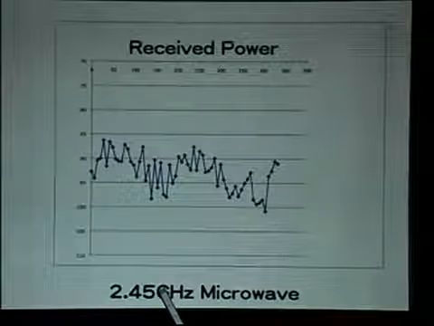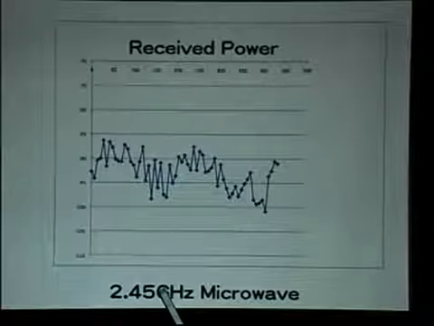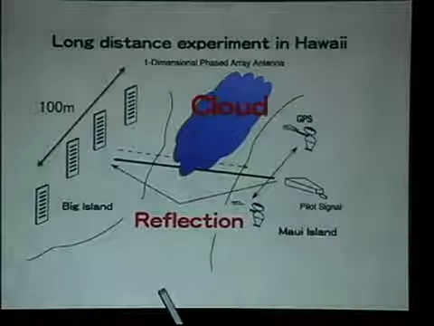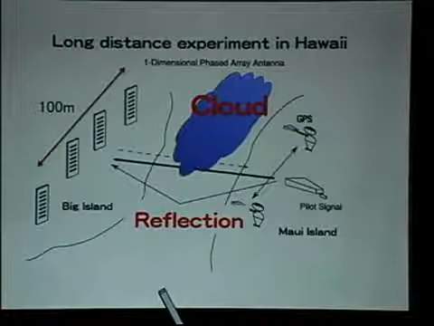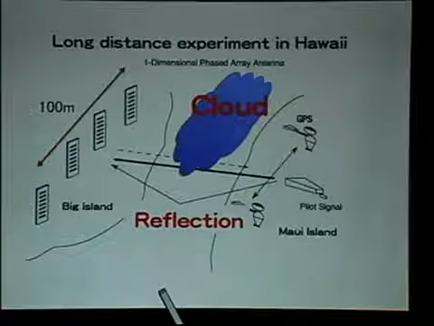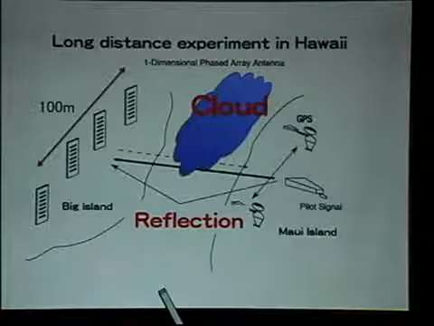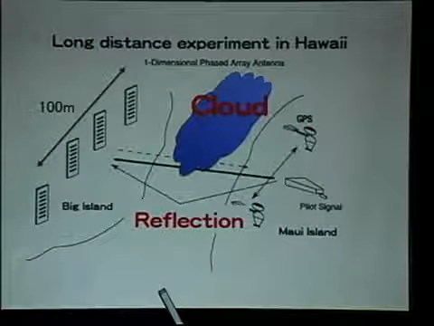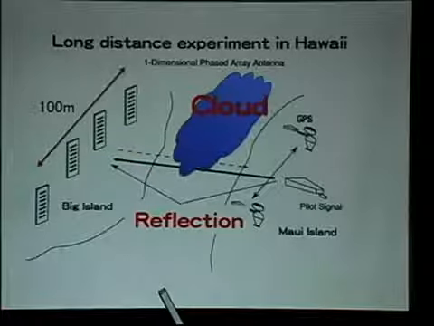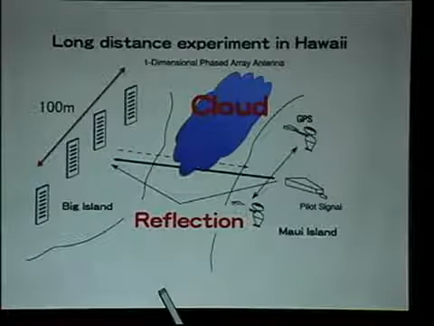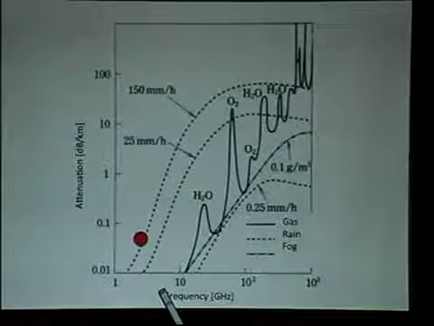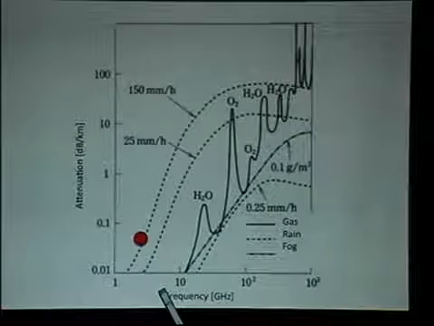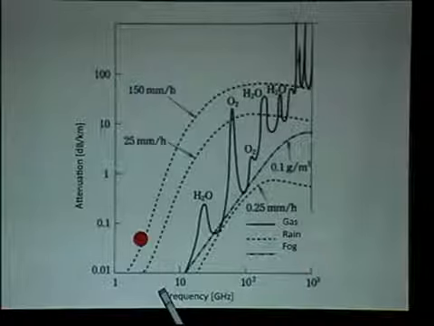So we considered the reason for this variation. Maybe reflection on the sea surface, and maybe clouds and atmosphere. The deviation is shown by a red mark.